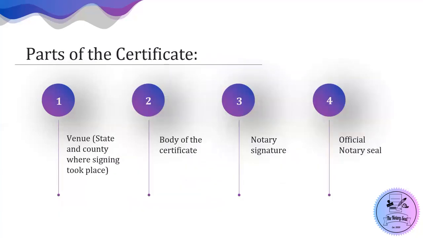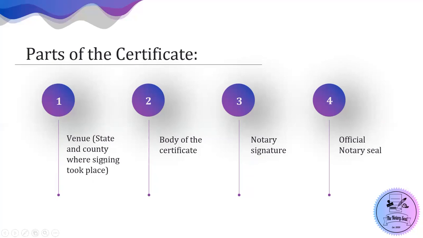There are 4 primary parts of a certificate that all certificates should have. Okay, it should have 1, the venue. The venue is the state and county where the signing took place. If we're assuming you're in the state of Virginia, you have Virginia as your state, and then the county.